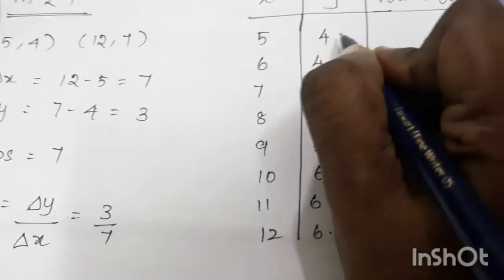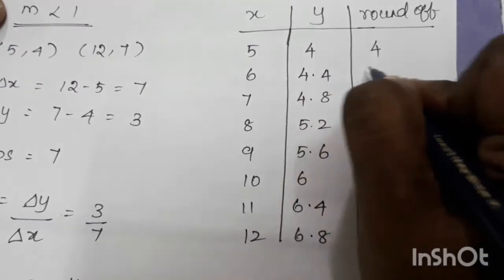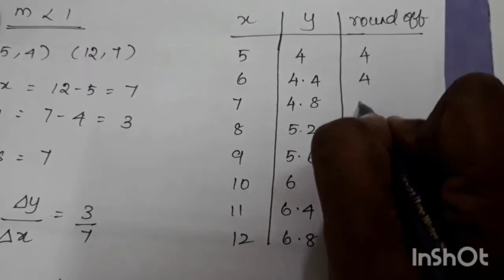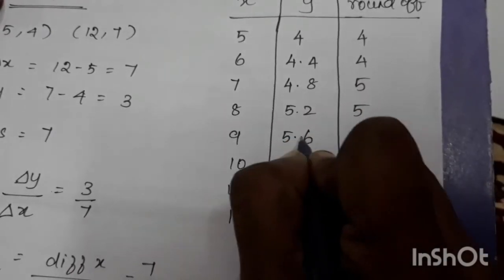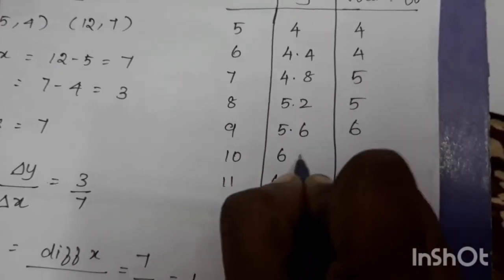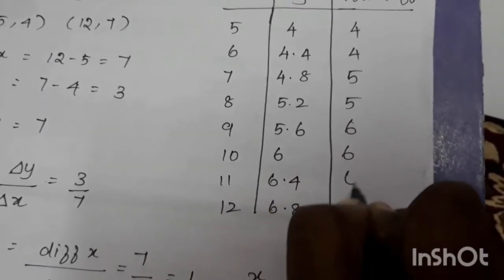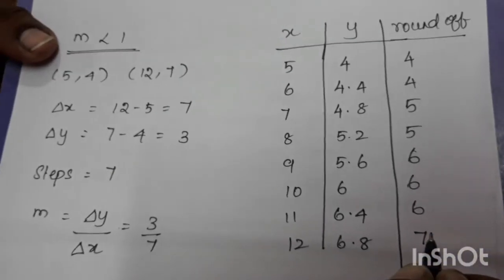So here the y value should be taken as 4, 4.4 is considered as 4, and 4.8 is considered as 5, and 5.2 is again 5, 5.6 is taken as 6, and 6 is 6, and 6.4 is 6, and 6.8 is considered as 7.